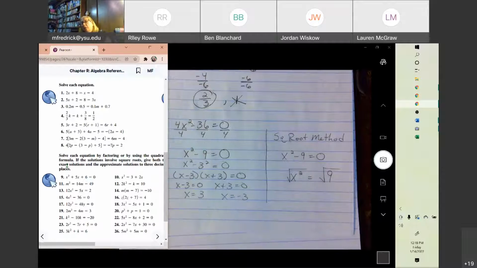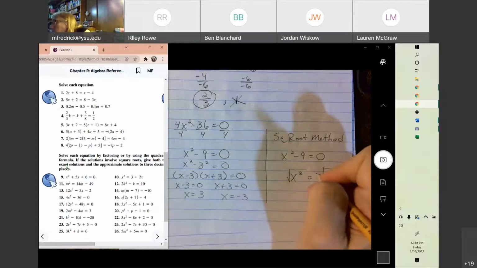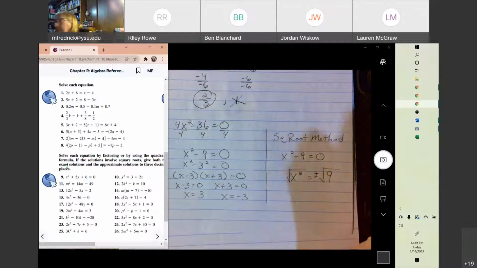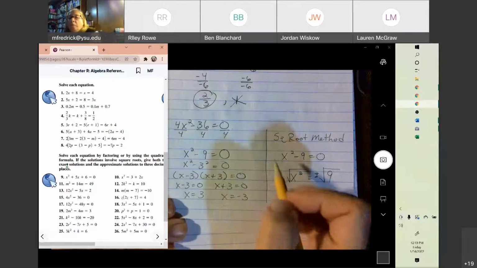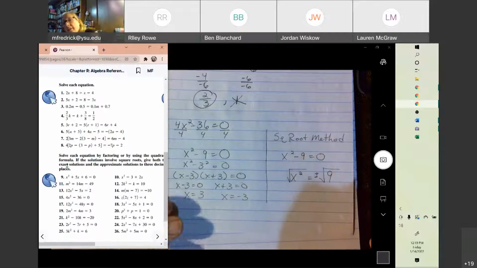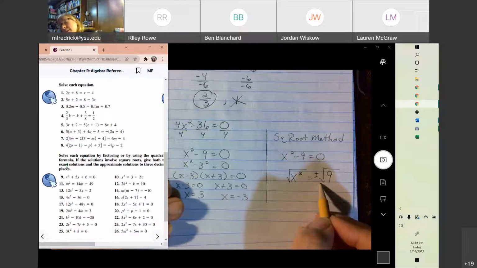But when you take the square root of both sides, you need to remember that it will work for a positive and a negative. So if you're taking an even root, it leaves a positive and a negative answer. If it were an odd root, like a cube root, it's only whatever sign you have. So it wouldn't be positive and negative. But even ones, it's positive and negative.